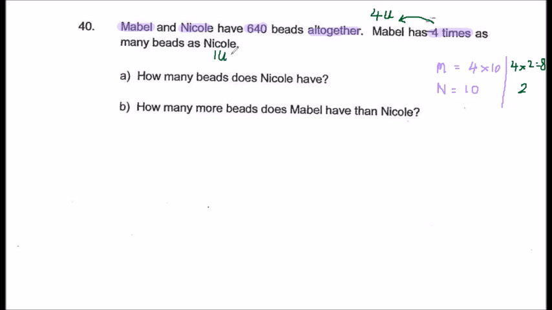Let me give you an example. If Bella has 3 times as much money as Jane, Bella would have 3 units, Jane will have 1 unit.